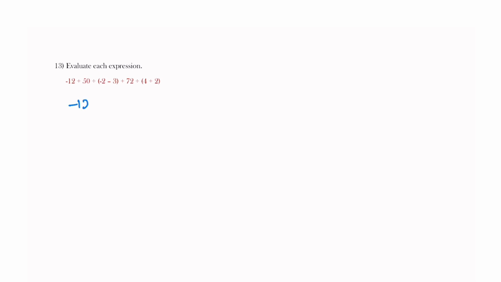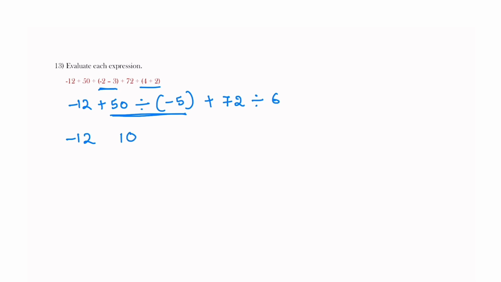So minus 12 plus 50 divided by minus 2 minus 3 is minus 5 plus 72 divided by, so brackets were solved first. 4 plus 2 is 6. Now minus 12, let's do this division. 50 divided by 5 is 10 and would be a minus sign as we have one negative number there.